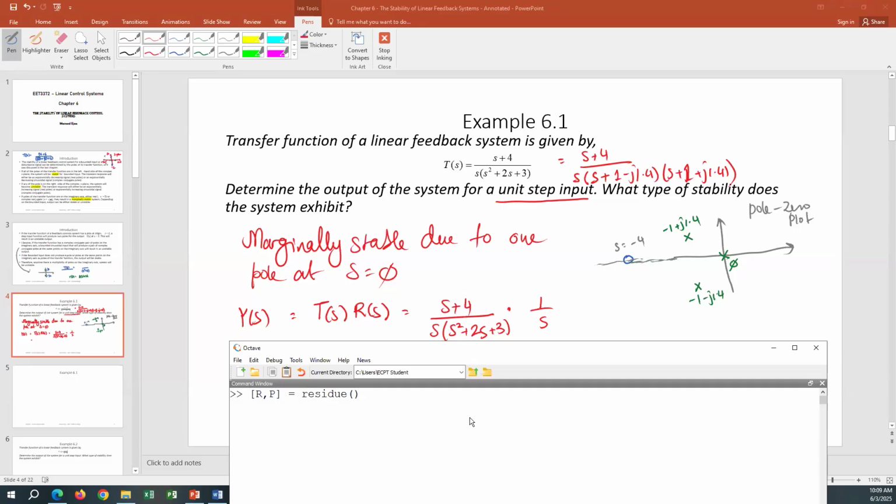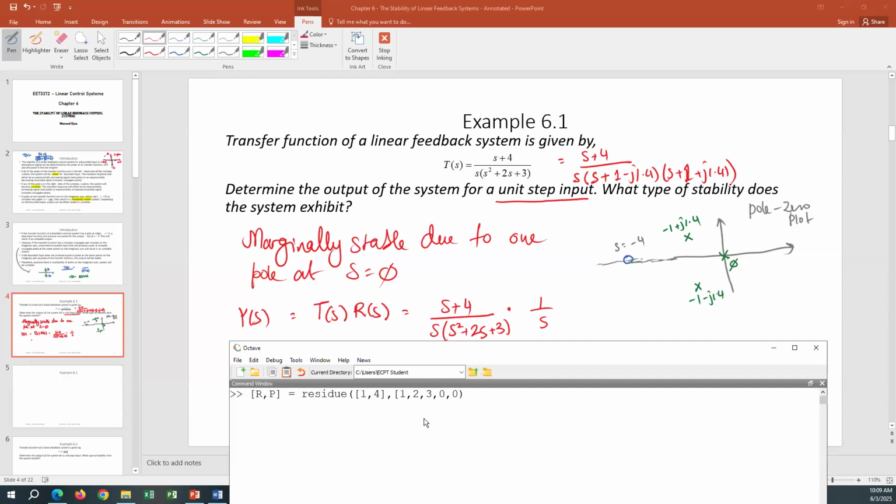My numerator is 1, 4, and my denominator is, so I have s and then multiplied by the whole thing. So I have s to the 4 plus 2s cubed plus 3s squared, and then 0s, and then 0.